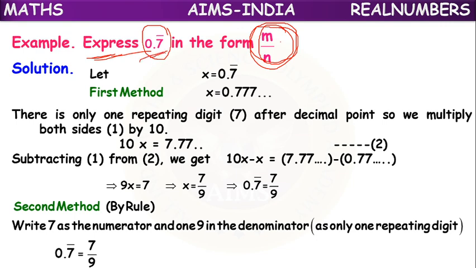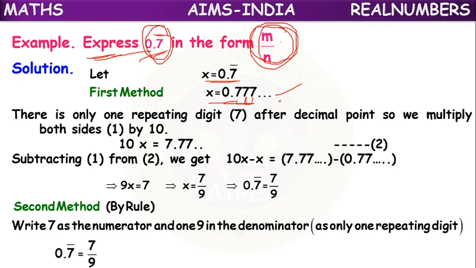We have to assume the given decimal expansion is equal to x. x equal to 0.7 bar. Next, second step, the bar to be removed and the recurring decimal written twice or thrice. We have written it 3 times: 0.777 and so on.